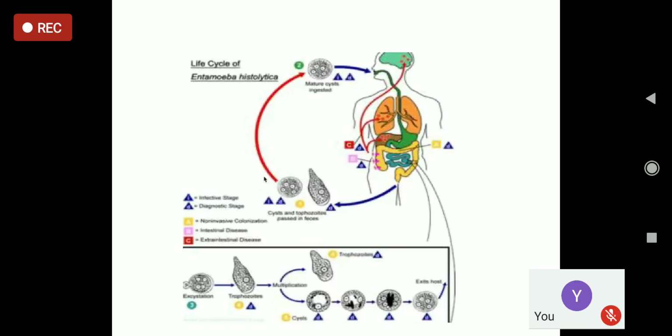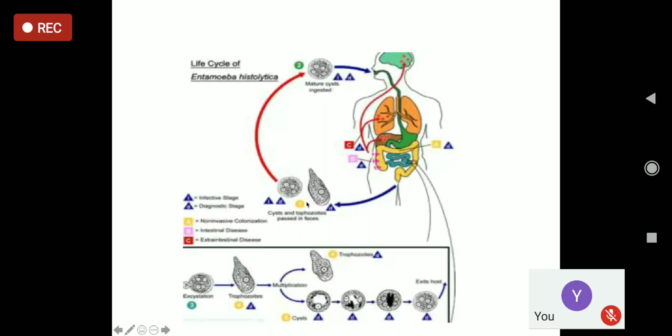Let's say in warm, humid or moist environmental conditions, they can remain viable up to 6 months. During that time, this cyst gets contaminated in our hand, in our food product, in our water, and finally we ingest them.